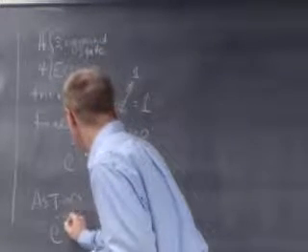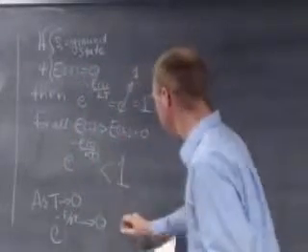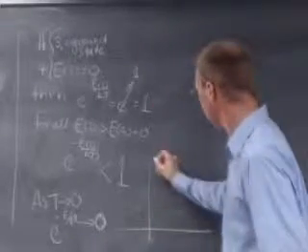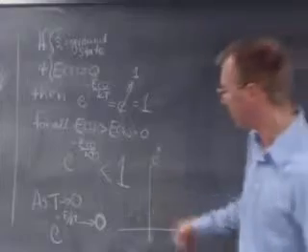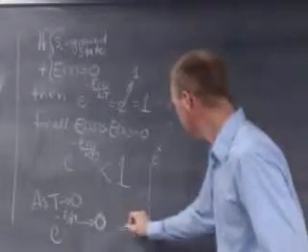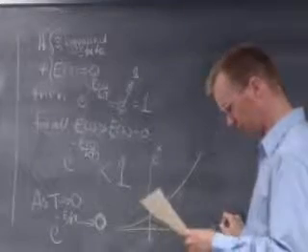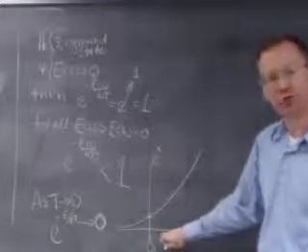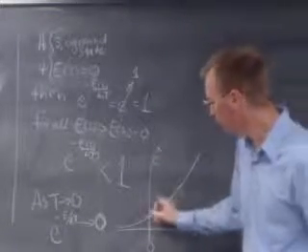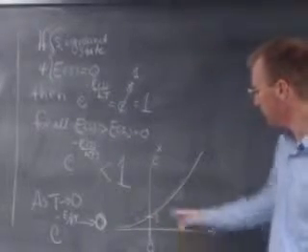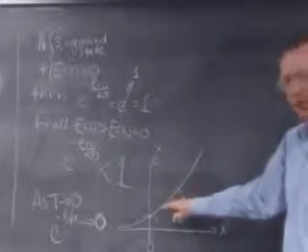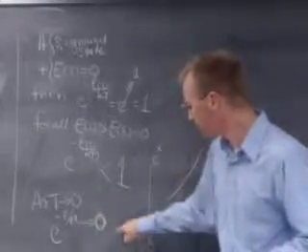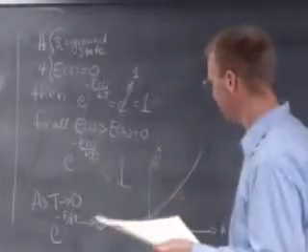E to the negative energy over kT goes to 0 because if you plot out e to the x, whatever x happens to be, negative E over kT in this case, where the exponent equals 0, where this crosses the y-axis, that value is 1. As you go to a larger positive exponent, this blows up. But as you go to more negative exponents, this approaches 0 asymptotically.